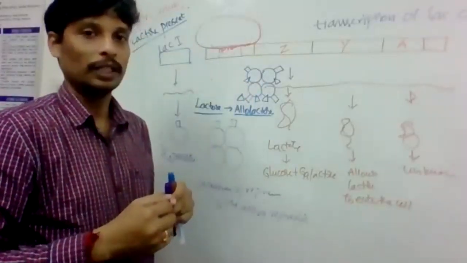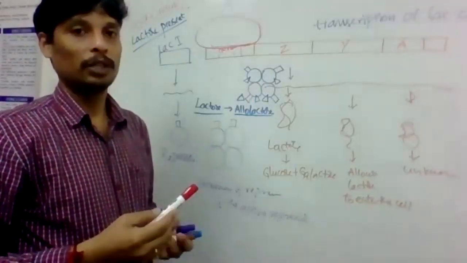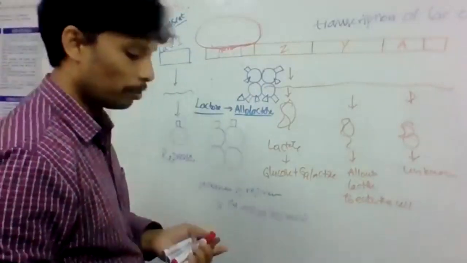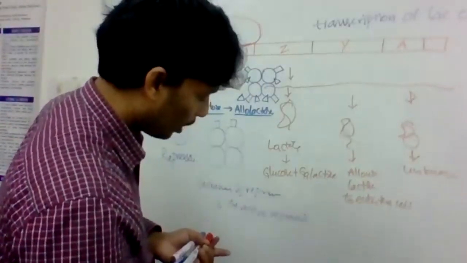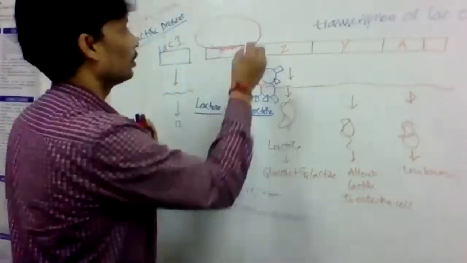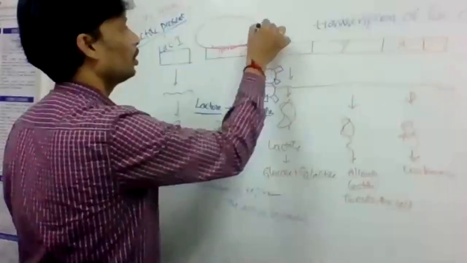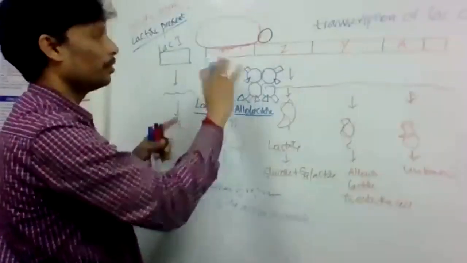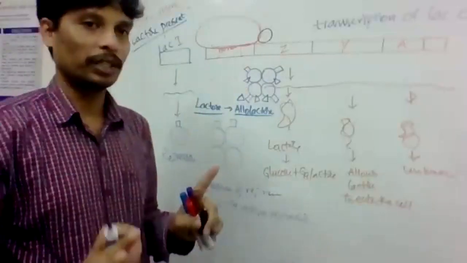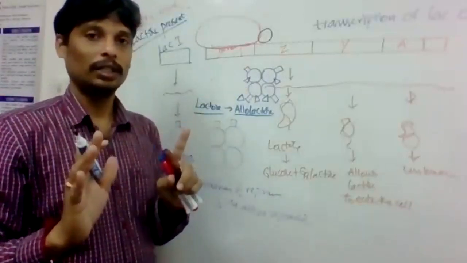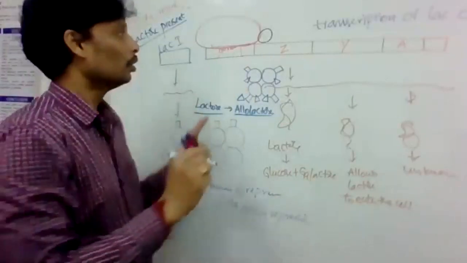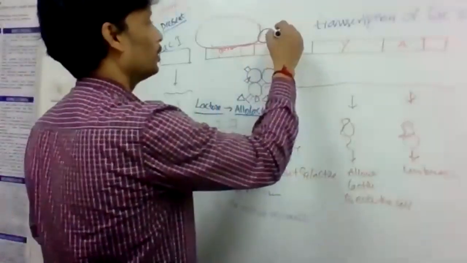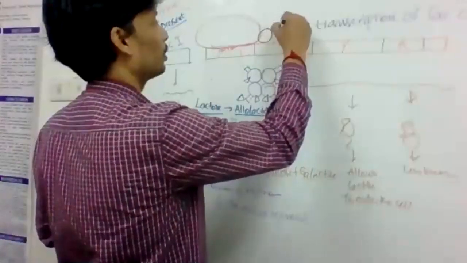So it requires some other molecule to attach to the promoter region, causing some conformational change so that it will attach strongly. This molecule is called an activator.